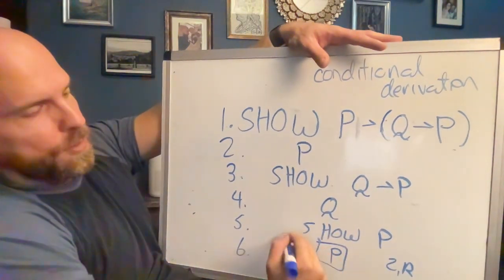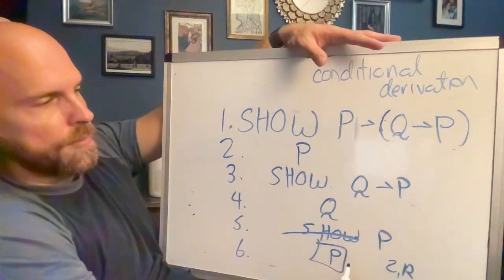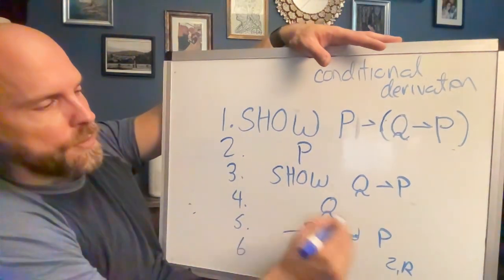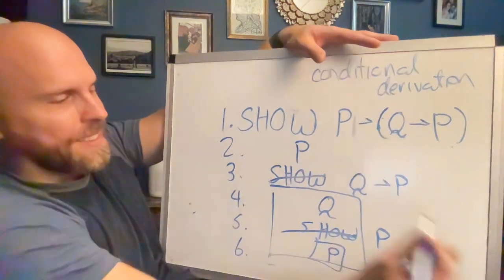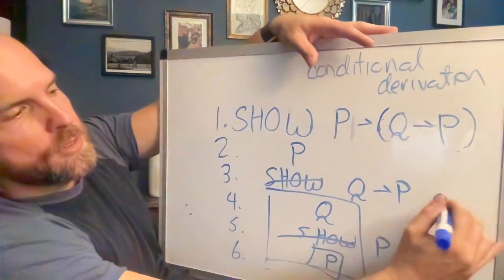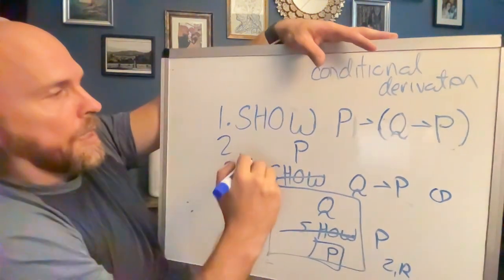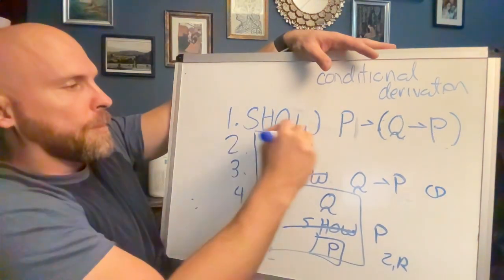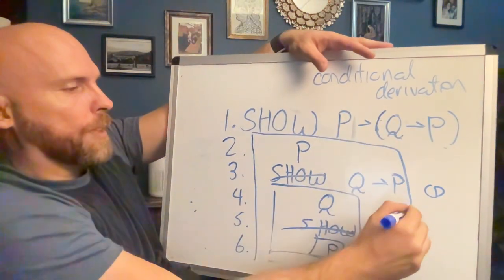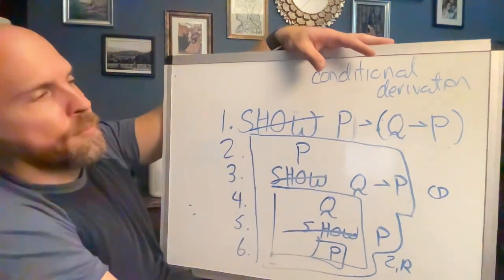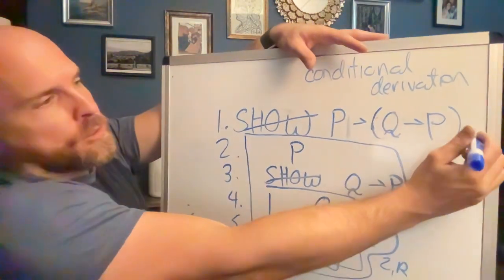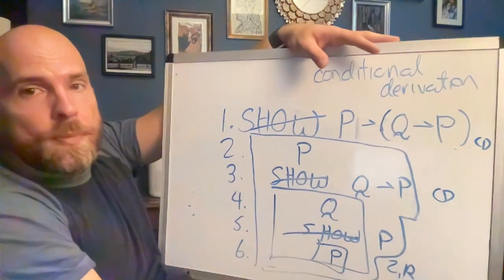I boxed that proof up and I've shown P. I also showed that on the condition of Q, I can get P. I did that by conditional derivation. And then I showed that if I assumed P, I could prove if P, then if Q, then P, also from conditional derivation. And that is it.